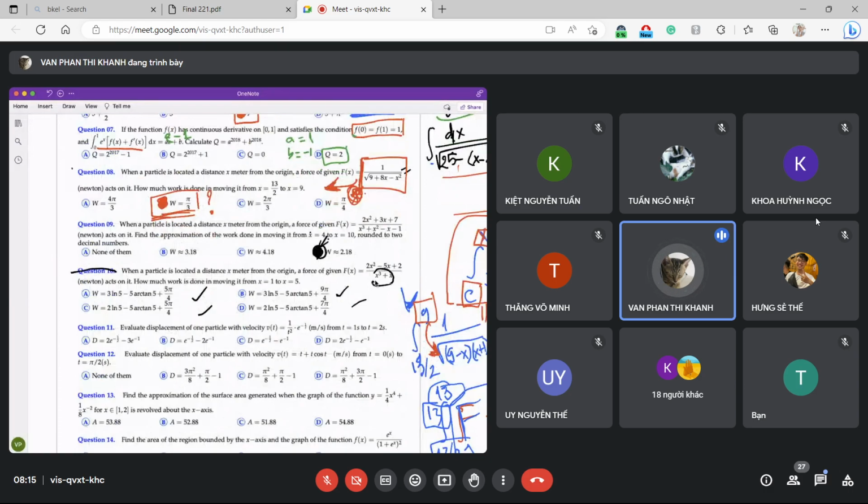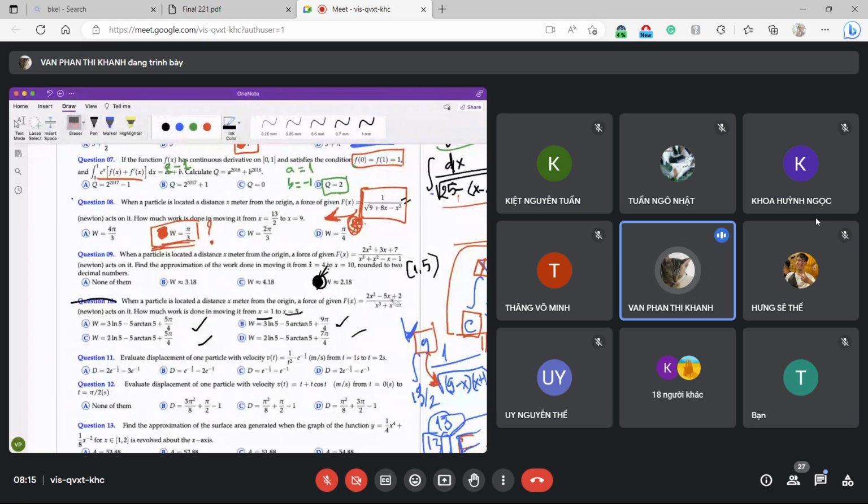Because these are definite integrals, nothing special here, right? From x equals 1 to 5, our function is continuous. No special points here, right? That's why you just have to use the calculator to approximate the integral. But after that, you have to find which number matches.